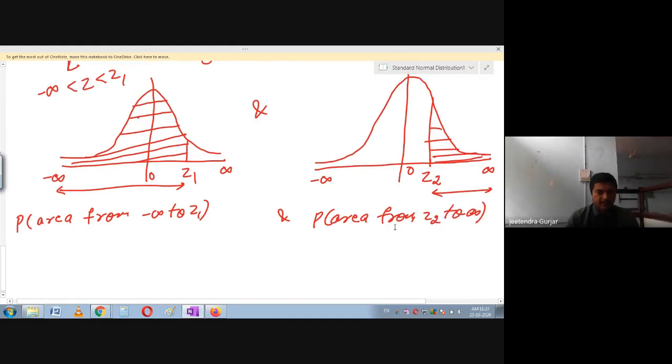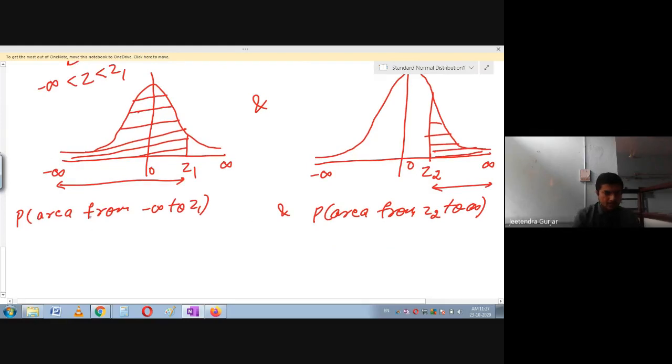It is a little bit lengthy, so concentrate. I can simplify this. Instead of solving this in full, I can divide it. I know the value of this already, it is 0.5, and the only thing I am going to calculate is the value from 0 to z1. I will take this as phi of z1.